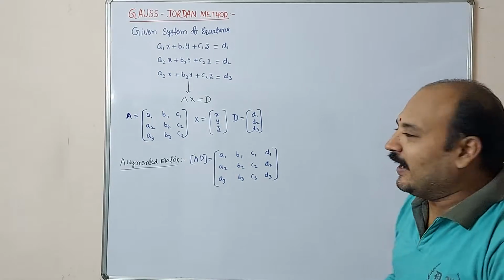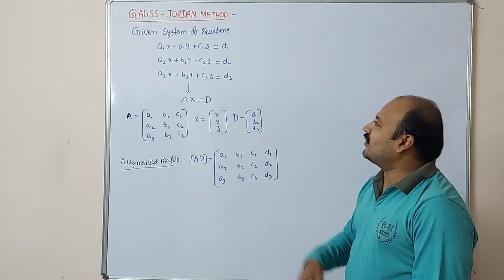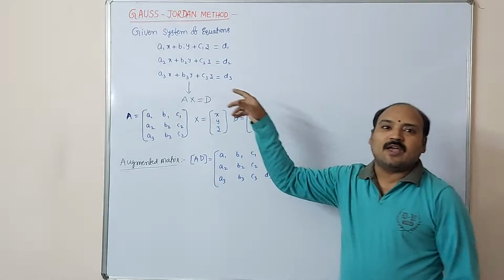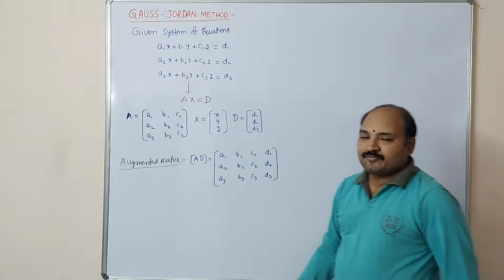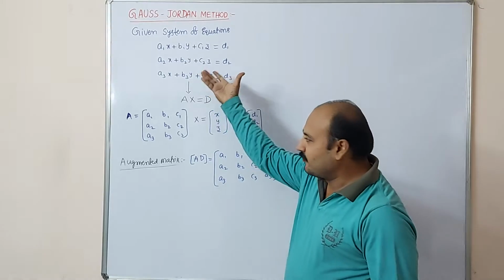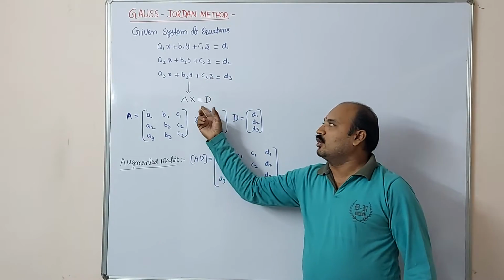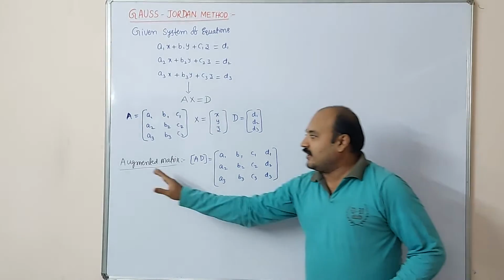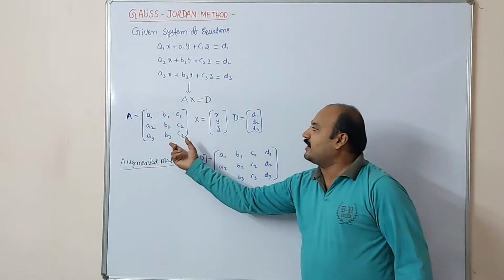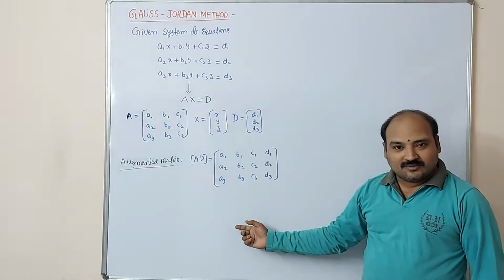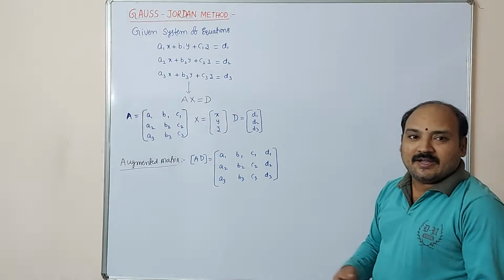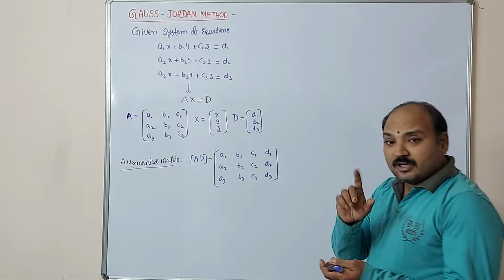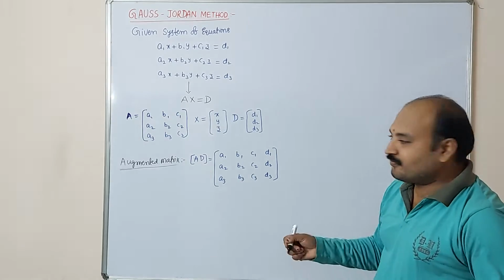But how do we calculate the solution for the given system of equations by using the Gauss-Jordan method? First, from the given system, we wrote the AX equal to D form, and what A, X and D are. Next, we wrote the augmented matrix, the combined matrices of A and D. Observe carefully, dear students.